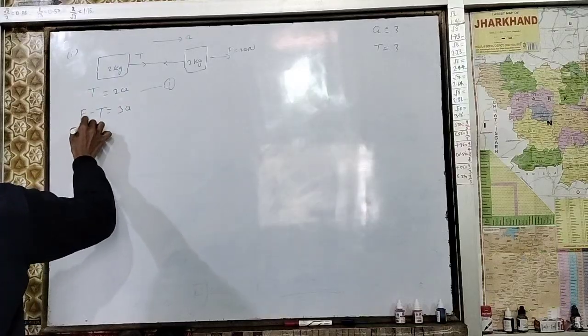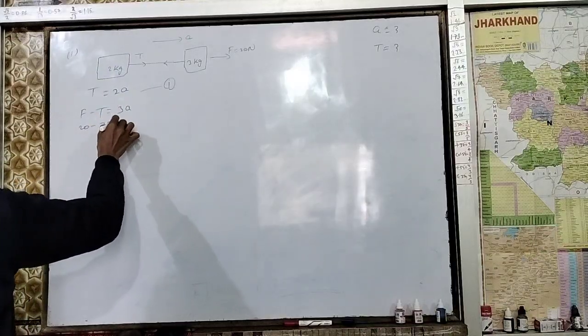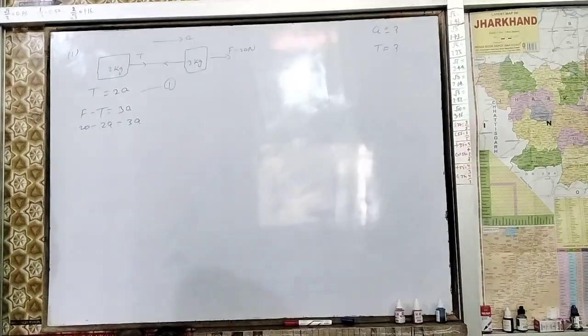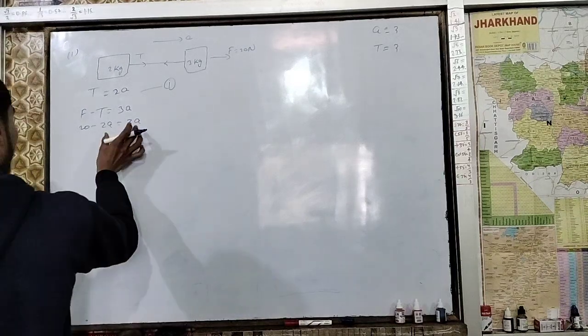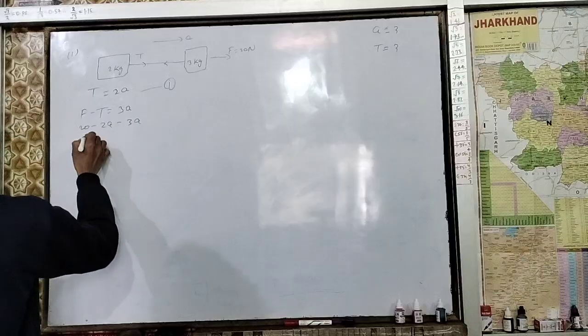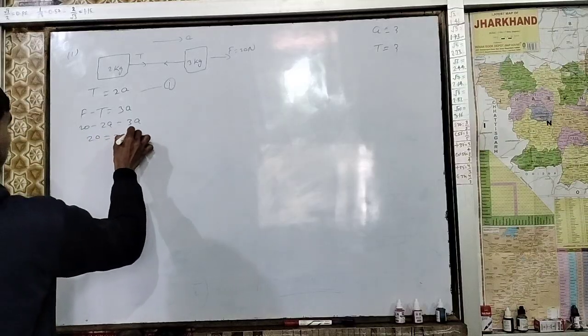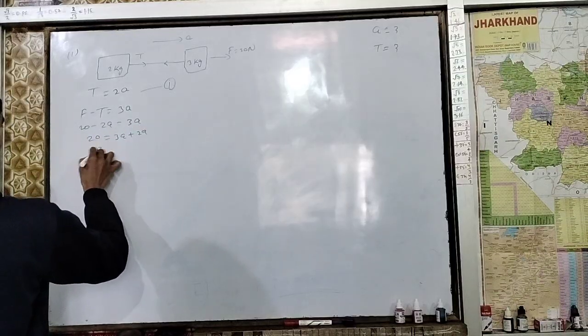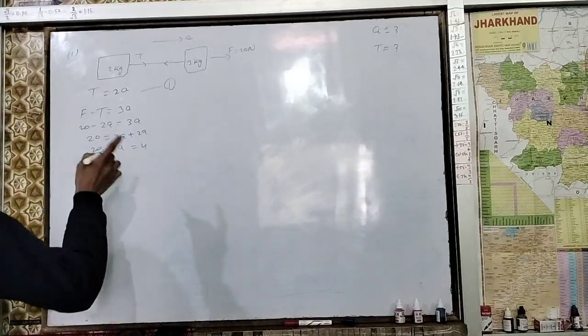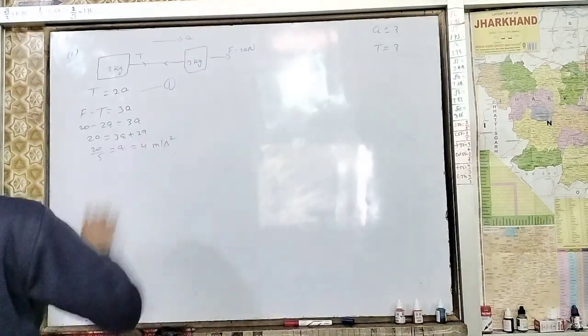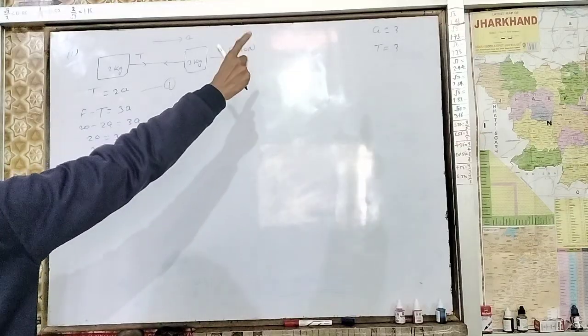F is 20, T is 2a. Now over here we will get the value of a. 20 equals 3a plus 2a, 20 upon 5, which will be equal to 4. Am I correct? So a is 4 meter per second raised to power 2. This is what the question was asking.